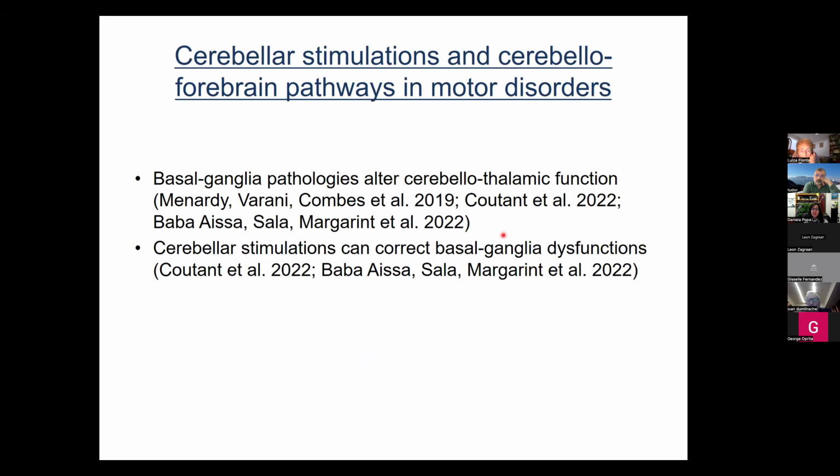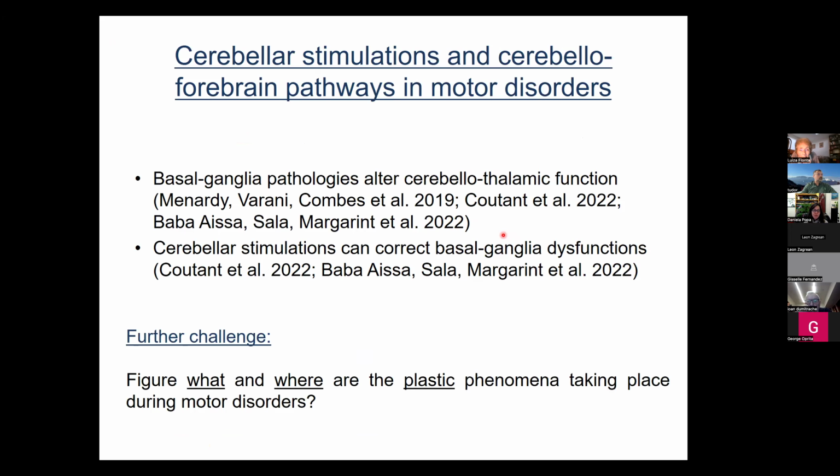So overall, I showed you that basal ganglia pathologies can alter cerebellothalamic function, and also that cerebellar stimulations can correct basal ganglia dysfunctions. And now in the lab, we are trying to figure out what and where the plastic phenomena are that take place during motor disorders.